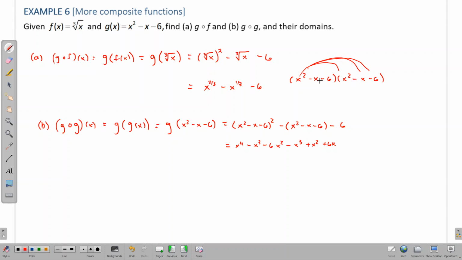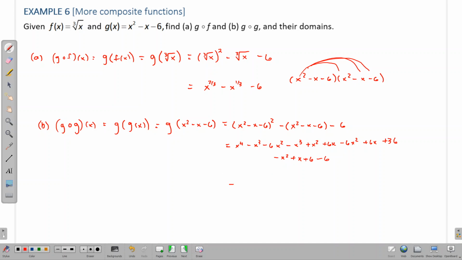So that was distributing the negative x, and then we can distribute the negative 6 all the way through. So we would have minus 6x squared plus 6x plus 36. All of that was just expanding this. Then we have to run a negative through here, so minus x squared plus x plus 6 minus a 6.